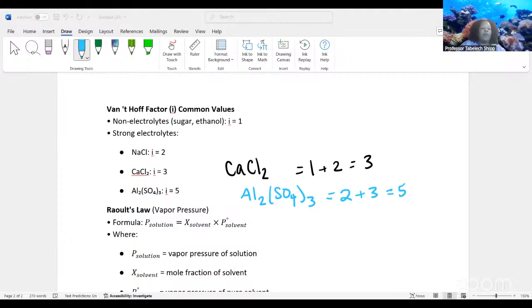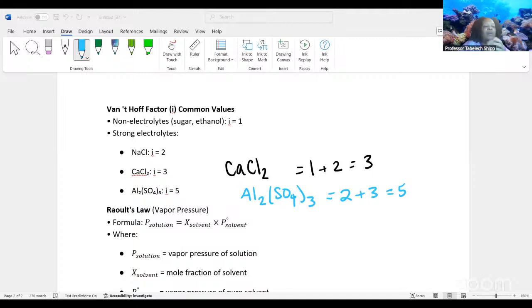Just remember, you're looking at the formula. Remember, your non-electrolytes like sugar and ethanol, those are equal to 1, okay? On the other hand, if I were to tell you that you add something else like an electrolyte, think about what you're going to give your patient to give them energy, so to speak, okay?